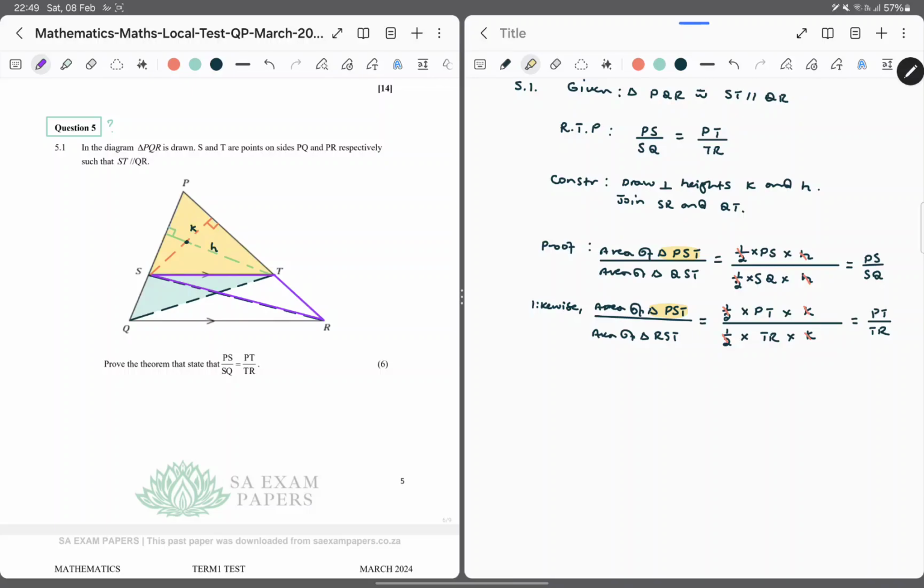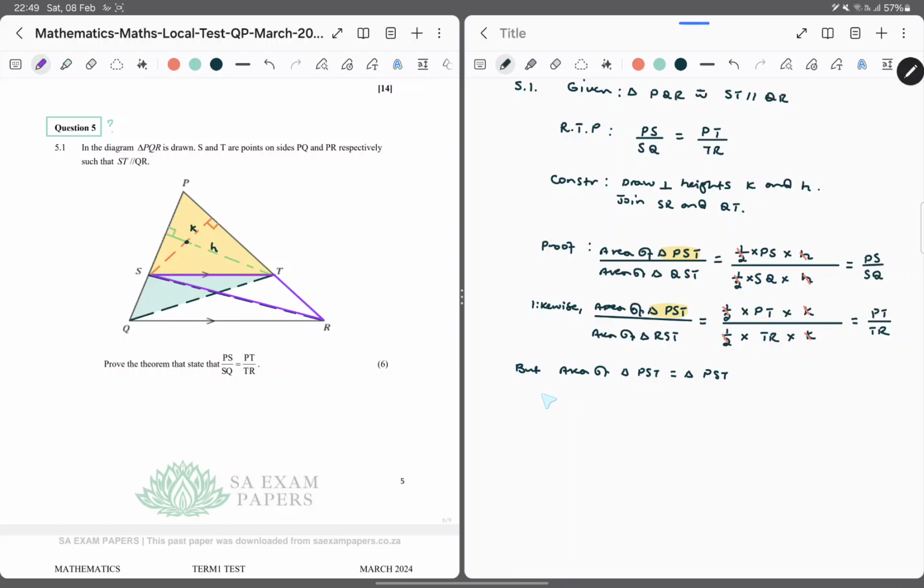We want to say here, technically, but, right? We know that area of triangle PST is equal to area of triangle PST. That's the same triangle.